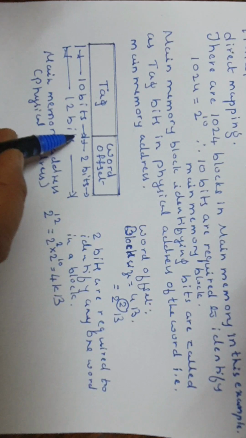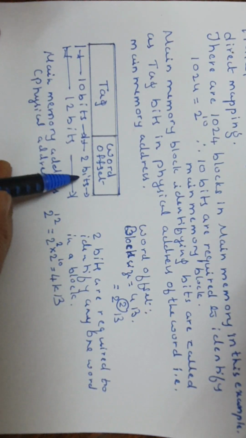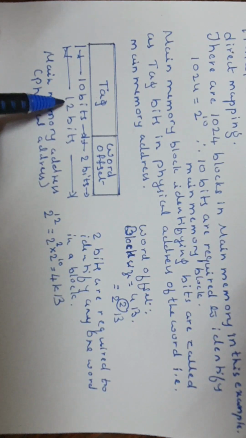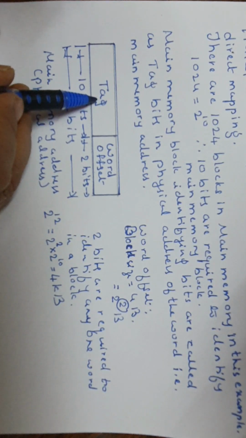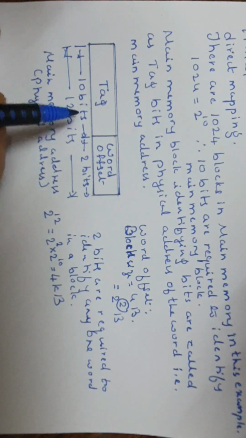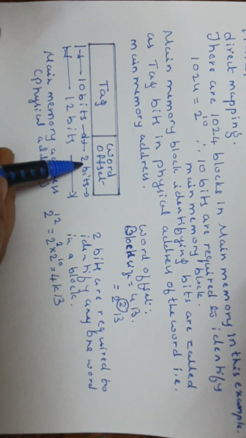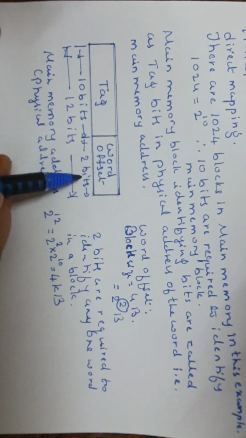So the question 1 that would be asked here: find out the physical address division. Physical address division means we have to find how many bits for tag, that is to identify the main memory block which is going to be copied in a cache block, that is 10 bits. In each block, how many words are there? 4 words. To identify any one word, how many bits are required?